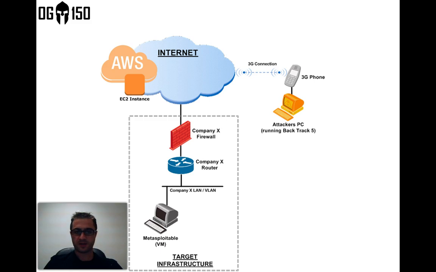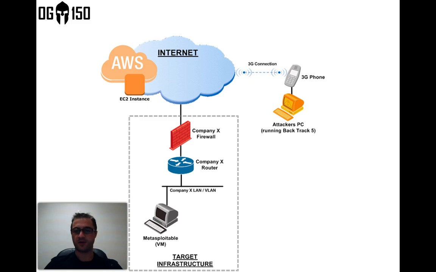We have AWS on the internet, so Amazon Web Services, we'll come to that shortly. And we have the attacker's PC. So in this scenario, the attacker's PC is tethered to a 3G phone, an iPhone, which has a 3G connection. Now that's just purely for illustration purposes.